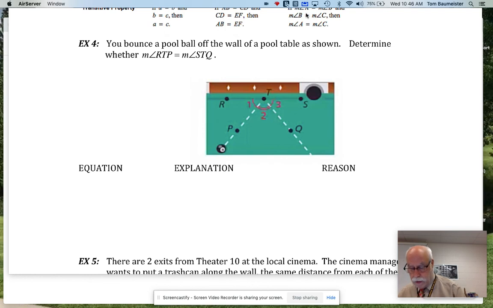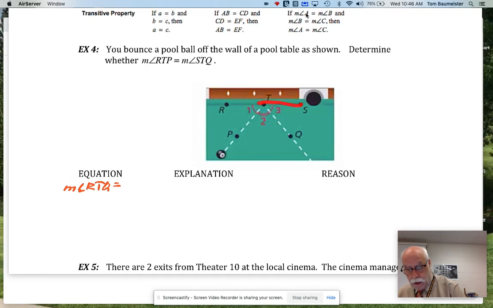Let's follow what I just showed you. They're telling us that the measure of angle RTQ is equal to the measure of STP, or PTS. You can call it either way, remember?